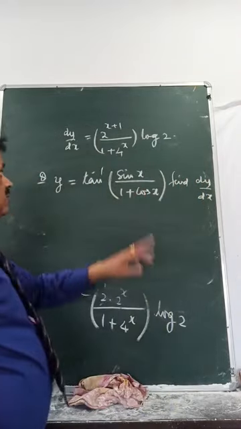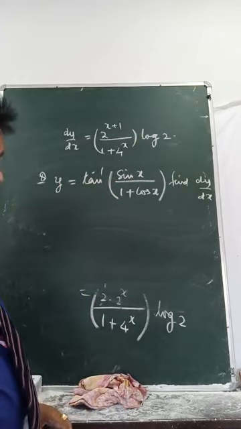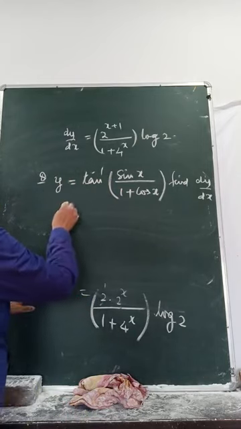In this case, what will you do? Here we have to bring the tan inverse into tan form. So to bring it into tan form, I'll give the reference of two formulas.